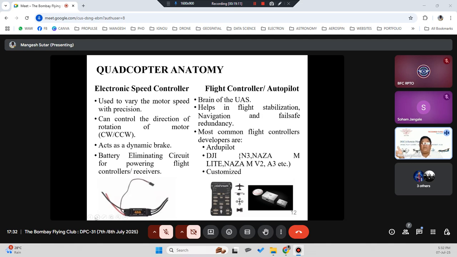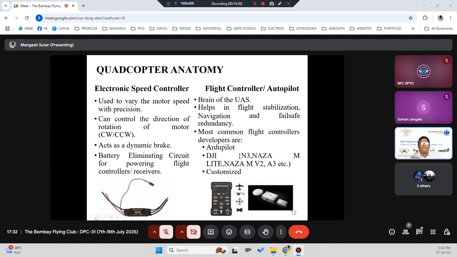Don't use too high a rating, like a 50 ampere ESC for a 25 ampere motor. That is no use, because the cost of a 50 ampere ESC will be almost double that of a 30 ampere one. You will be wasting money unnecessarily and you will not be utilizing the ESC for what it is meant.